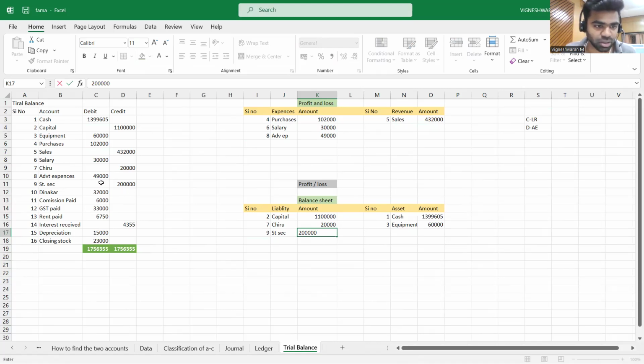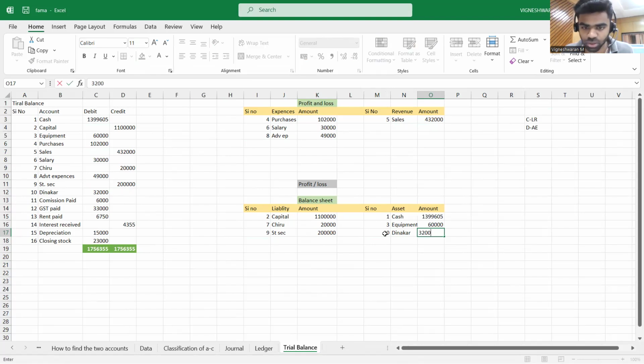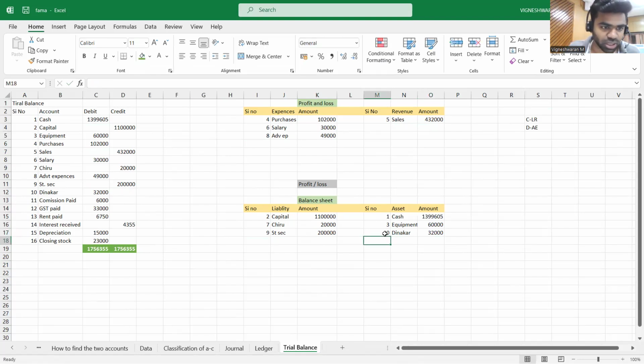Then Dinakar. Dinakar is on the debit side, so he is an asset. The value is 32,123. Then the eleventh one, commission paid, 6,000. That is an expense, on the debit side.